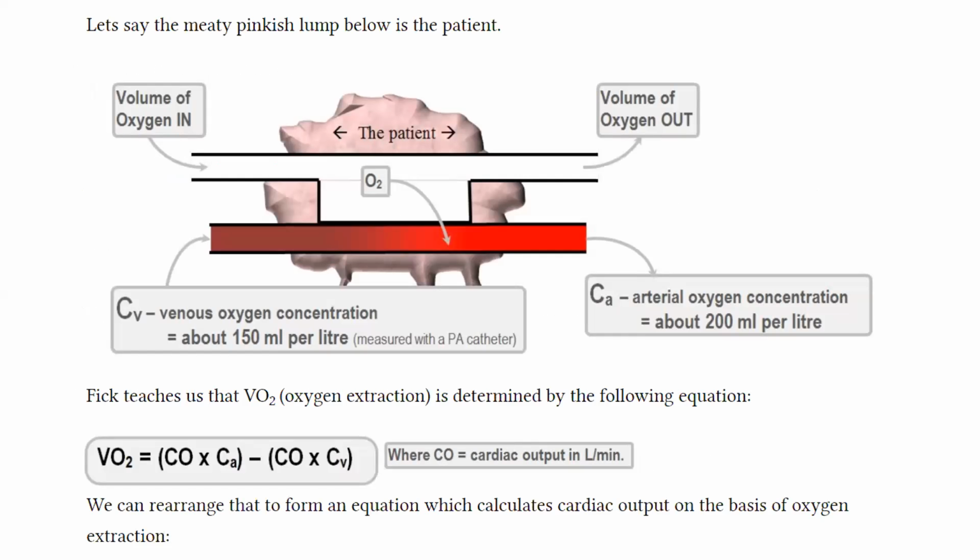So for example, imagine that this is your patient here, and this is your lung tissue. You measure the volume in and the volume out. Okay, you measure the concentration in and the concentration out. So this is the oxygen consumption. This is the difference in oxygen concentration. So this divided by this is your cardiac output in liters per minute, right?